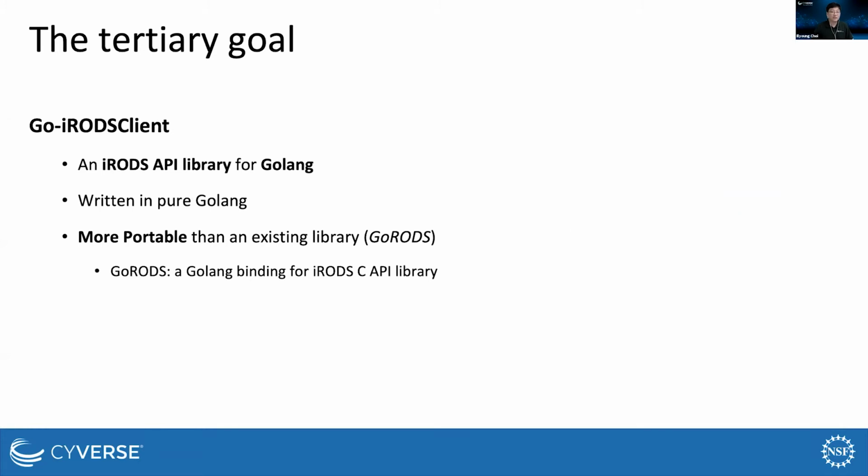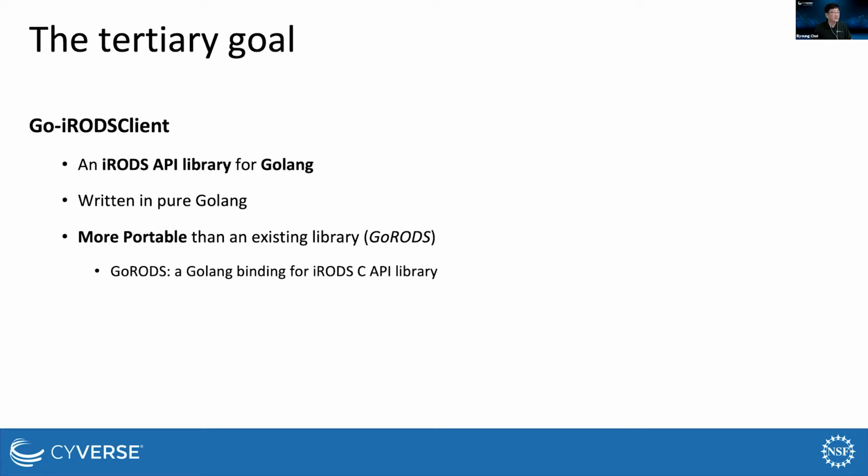Both iRODSCSI Driver and iRODS FUSE Lite are implemented in Golang. To provide the iRODS access in iRODSCSI Driver and iRODS FUSE Lite, we required an iRODS API library in Golang. We implemented one in pure Golang to improve portability.